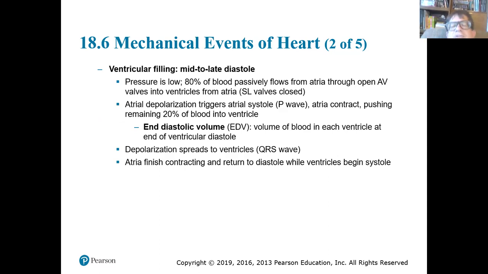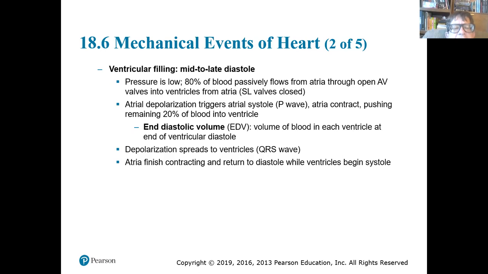80% of the blood, there's the figure that I didn't have earlier when I said it's more than half. Yeah, it's 80% of the blood that enters the atria and then just runs through the atrioventricular valves and down into the ventricles.